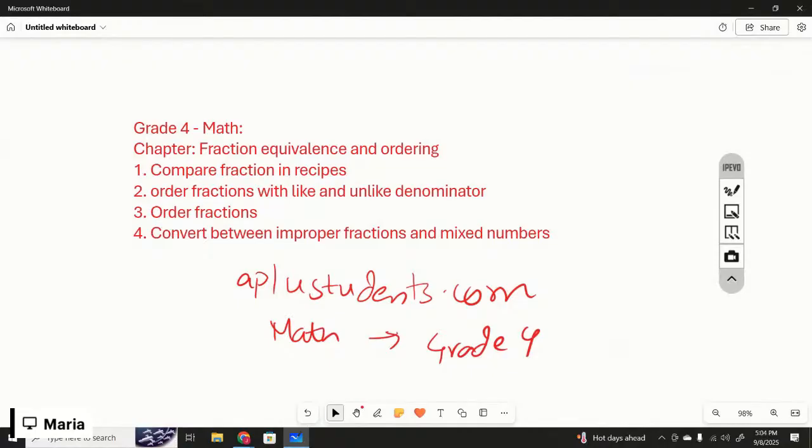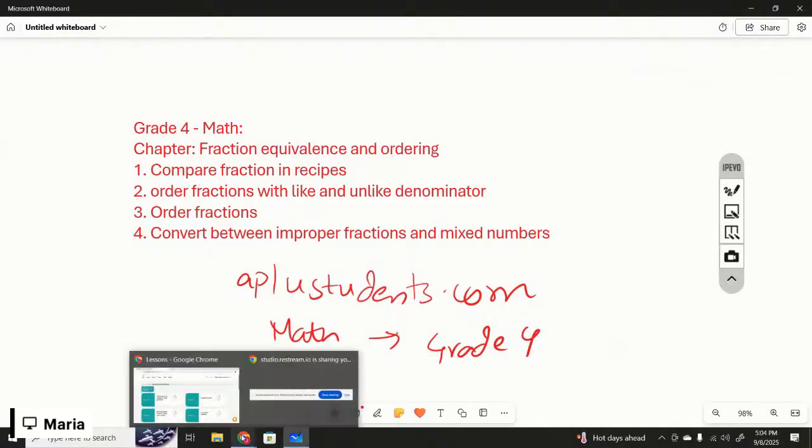We're going to start with the chapter fraction equivalence and ordering. The lessons we have covered today are compare fractions in recipes, order fractions with like and unlike denominators, order fractions, convert between improper fractions and mixed numbers. So please make sure you have your notebook and pencil so that you can note down the important examples and definitions as well.